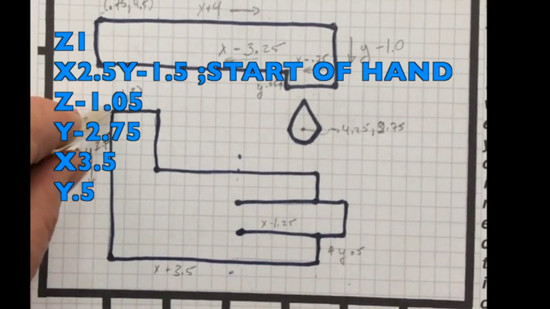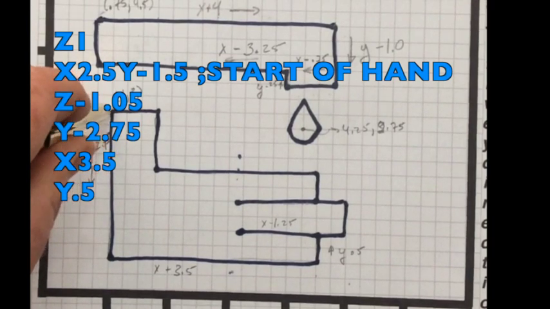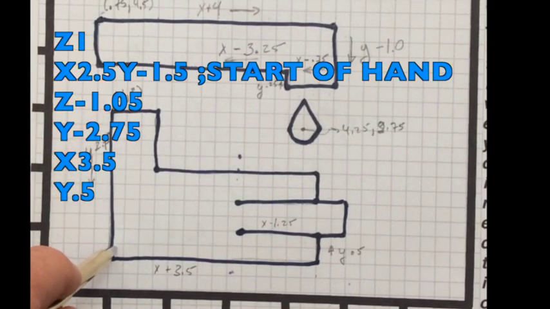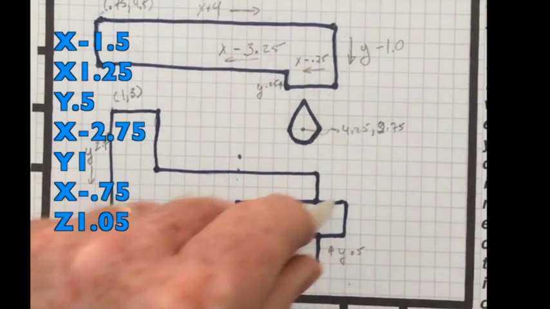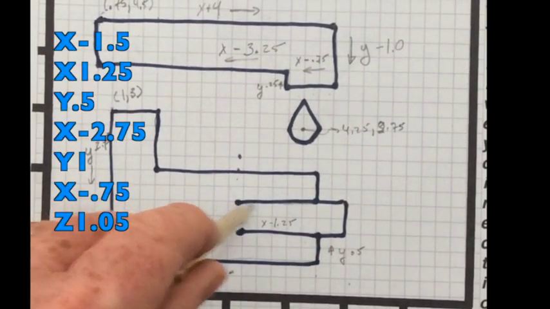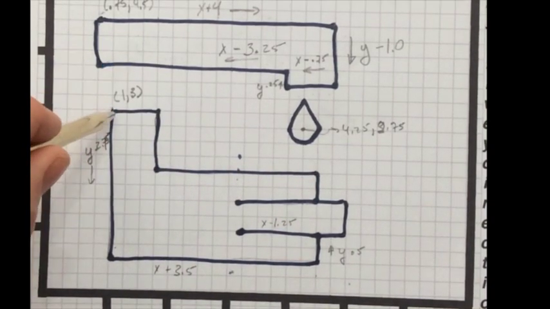And then here we go, we're going to start cutting this one. So cut out the hand would be x minus 2.75, then y 3.5, sorry, x 3.5, y in a positive direction 0.5, and then I'll just put the code on for the rest of this to this point.